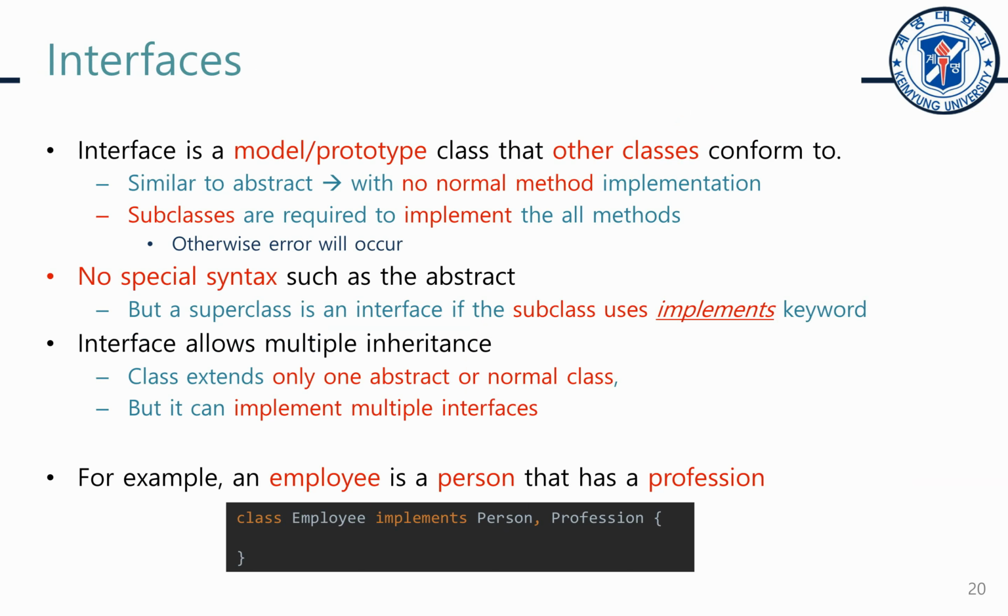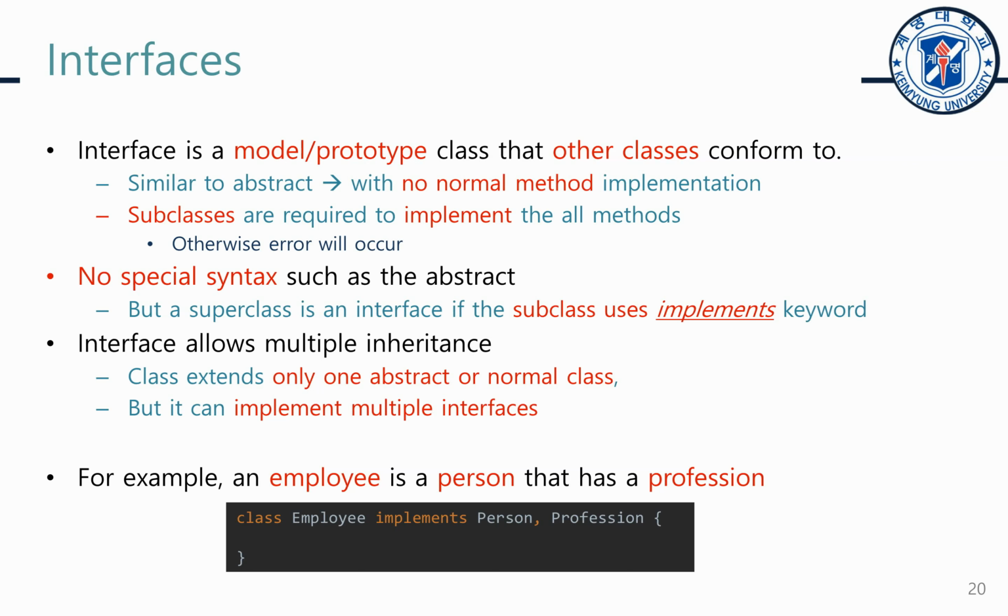So an interface is somehow similar to an abstract class, but an interface is a model or a prototype class that other classes have to conform to or follow.